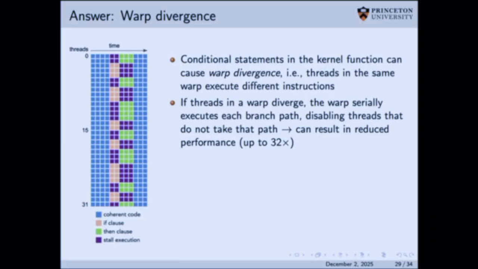So this actually causes a lot of slowdown, as you'd imagine, up to 32 times, because there are 32 threads in the warp. And if we have 32 different branches, each thread going down a different branch, then we can basically serialize our entire GPU code, which is something that we want to try to avoid.